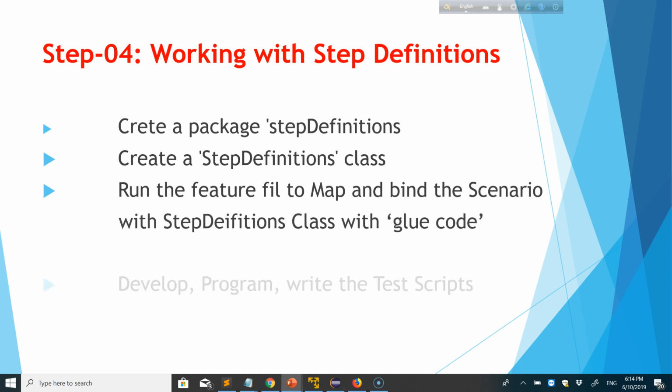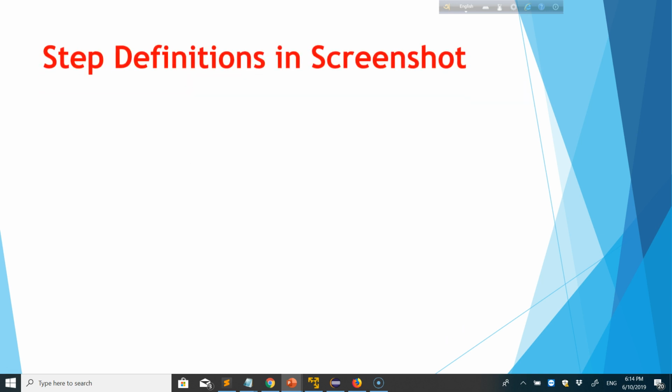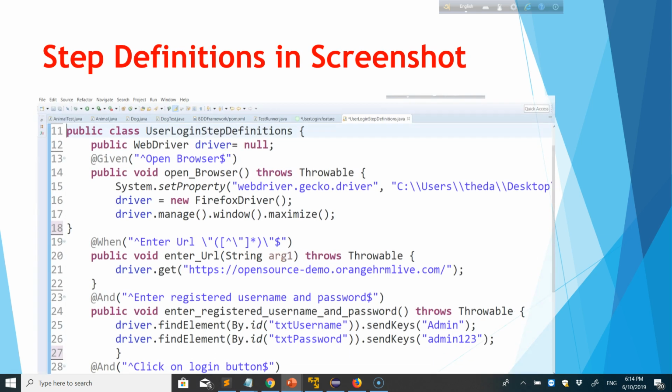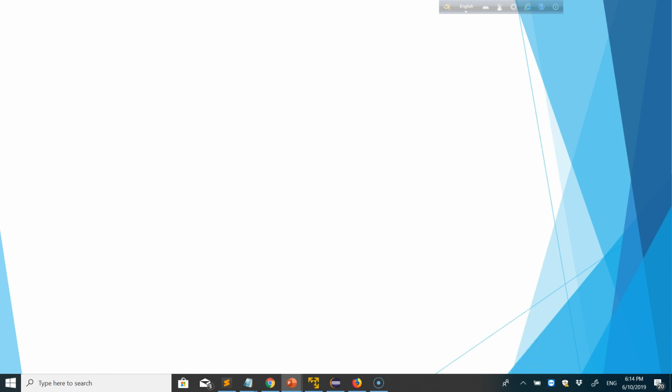And finally we developed the program, writing the test scripts to implement the test steps. Now the step definitions in screenshots look like this, we have seen it several times.